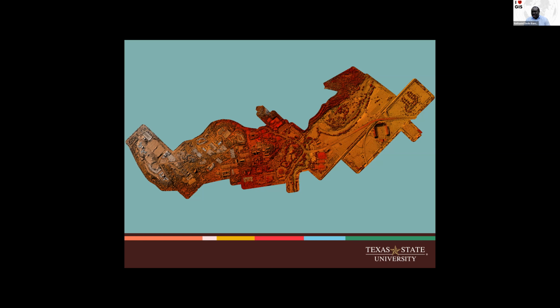So with the point cloud, we're able to produce what we call a DSM, a digital surface model. The DSM will account for the height of all features that protrude from the terrain. So this is a DSM representing Texas State University. That's the stadium, and Alkek Library is right there. That's where the library is.